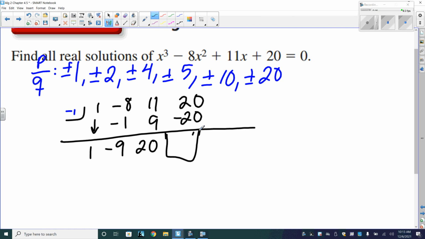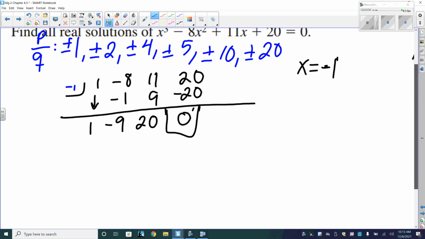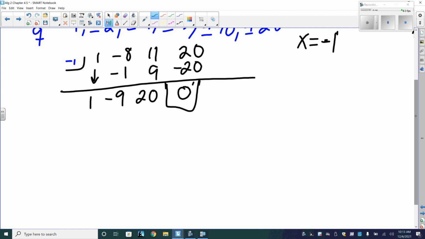And 20 plus -20 is 0. So one of the solutions is -1.